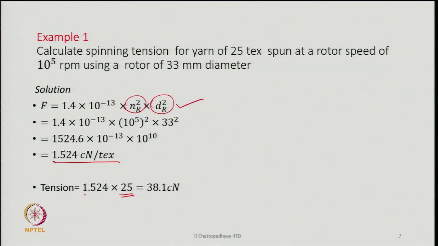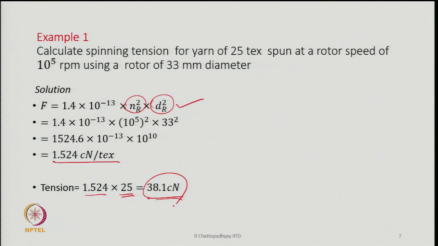By multiplying by the yarn tex we get the tension value of 38.1 centinewton, and as shown earlier, the permissible tension level should be less than 2 centinewton per tex. For a 25 tex yarn, that means my maximal tension can be at most 25 times 2, that is 50 centinewton. So, it should always be less than 50 centinewton, and here we are getting a figure of 38.1.